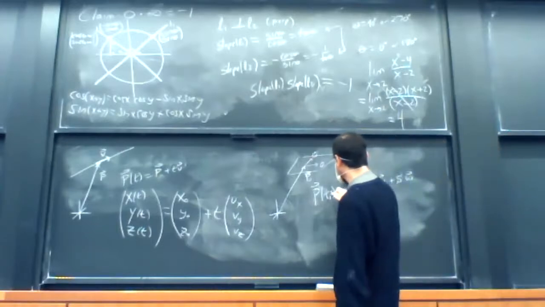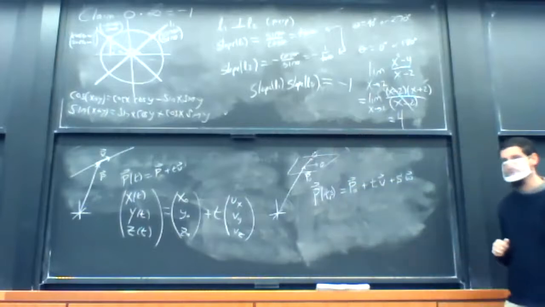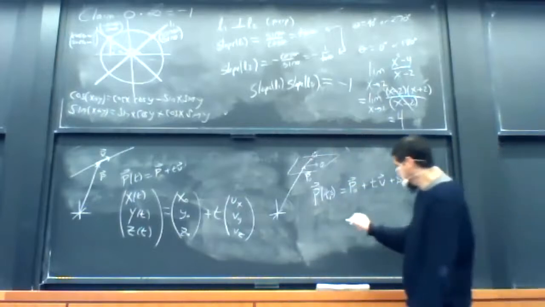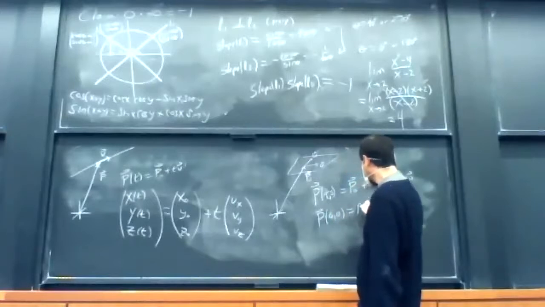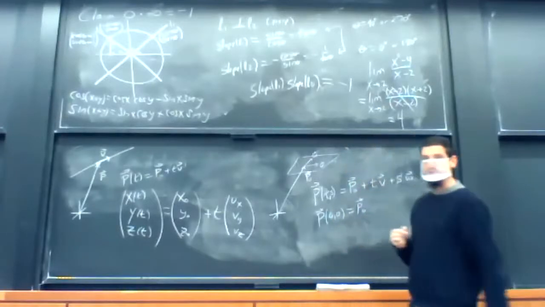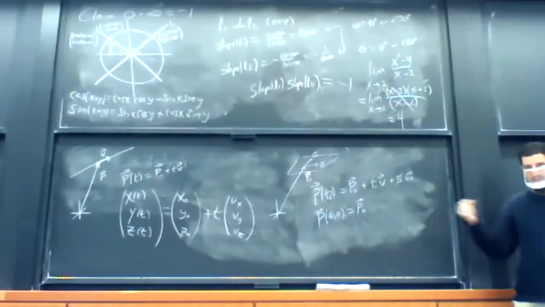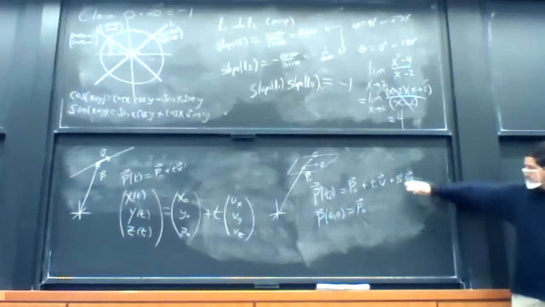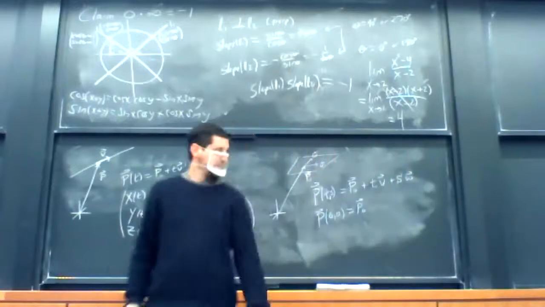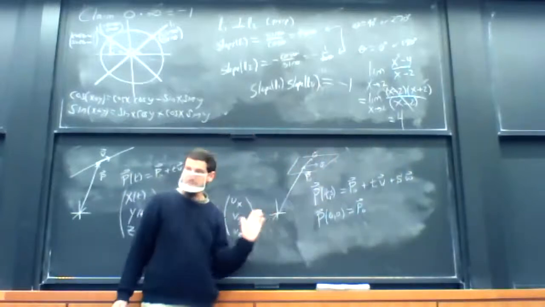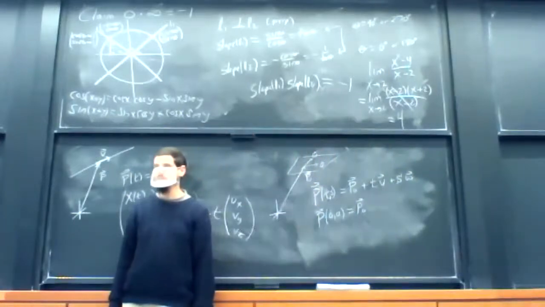Oh, actually, this should be P of S and T. So if I look at P of 0, 0, that's just our point P naught, which should be in the plane. Excellent. What if I take S to be 0? Then it gives me the line in the plane in the direction of V. If I take T to be 0, I have the line in the plane in the direction of W.